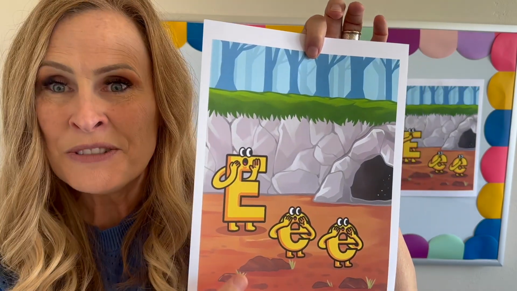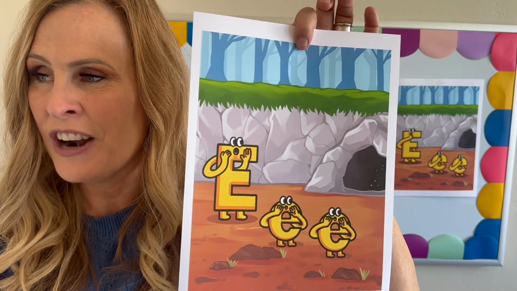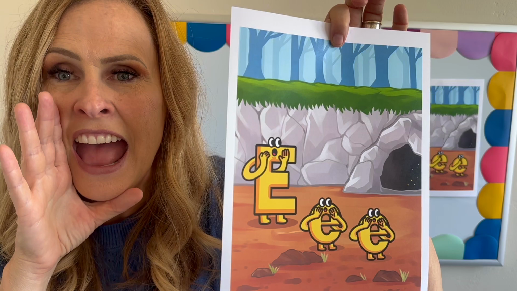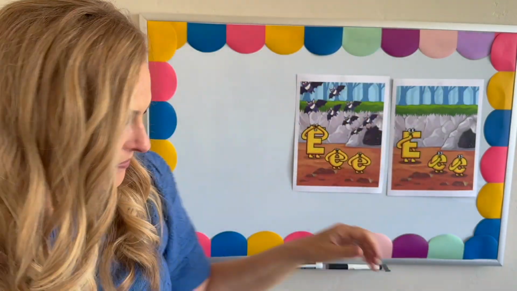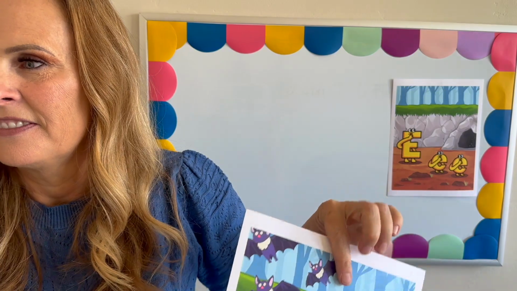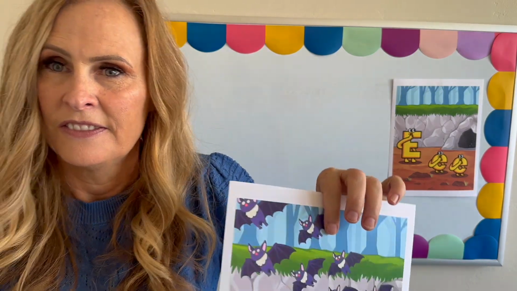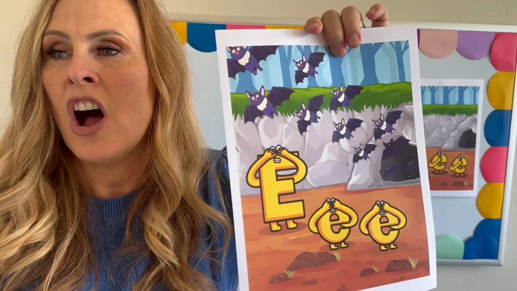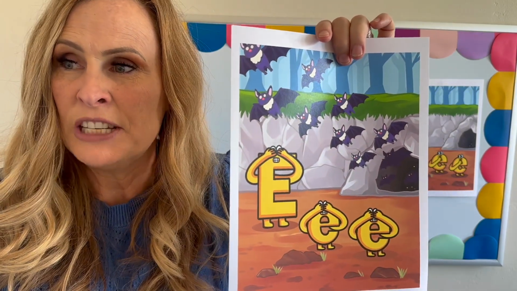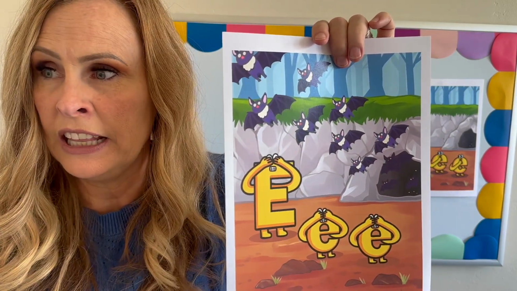The little E's were excited to give it a try, and each took a turn yelling, echo! When all the little letter E's were yelling into the cave at the same time, it got really, really loud.